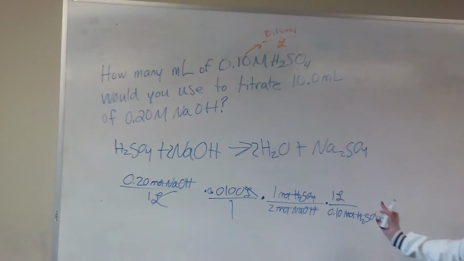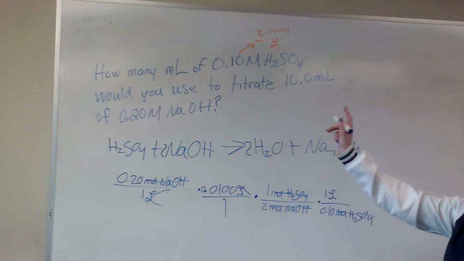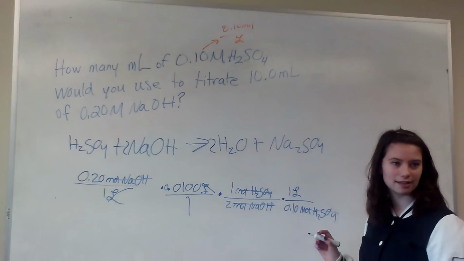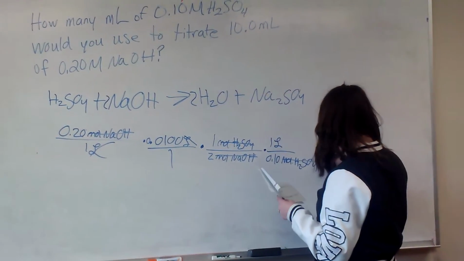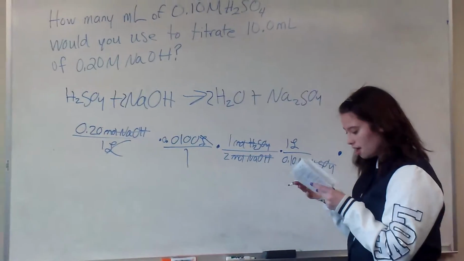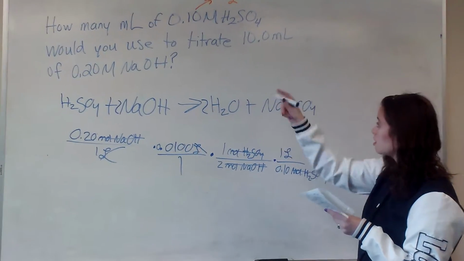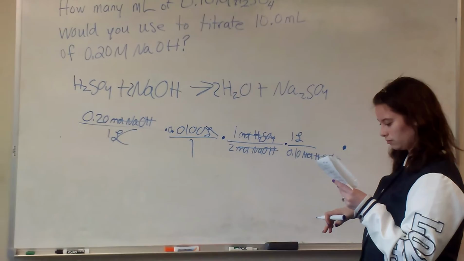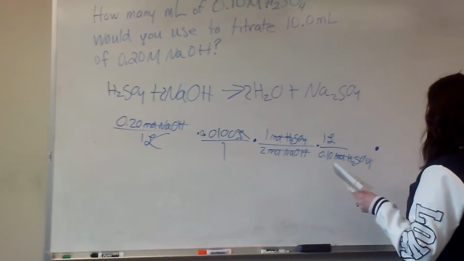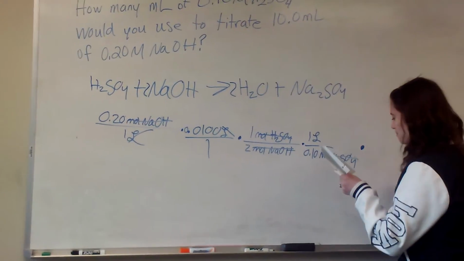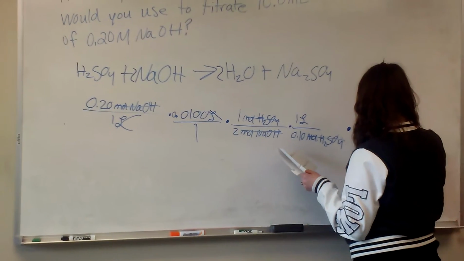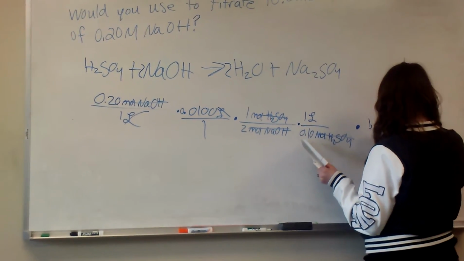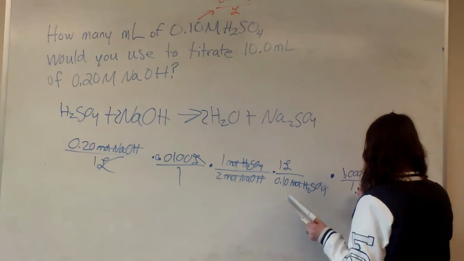So we have liters now, but we want our answer to be in milliliters, which is a really simple conversion that we learned way back in module 1, 2, or 3. 1,000 milliliters is a liter. So it would be 1,000 milliliters over 1 liter.